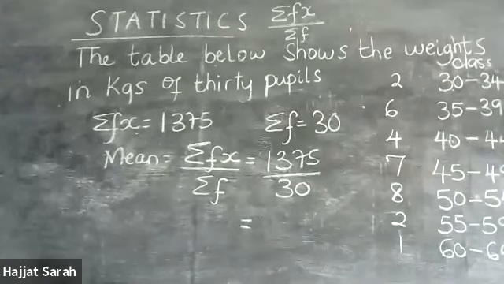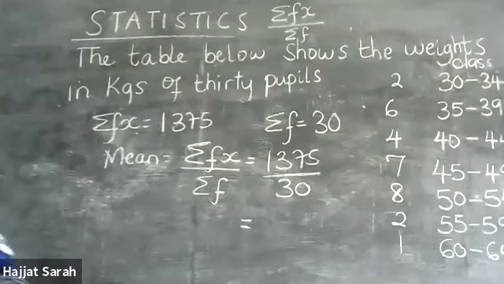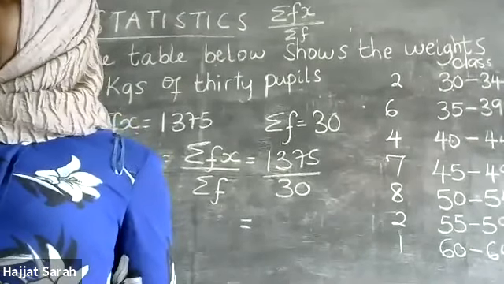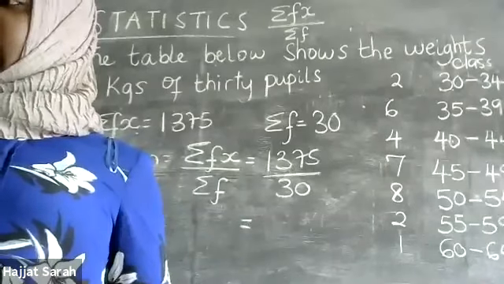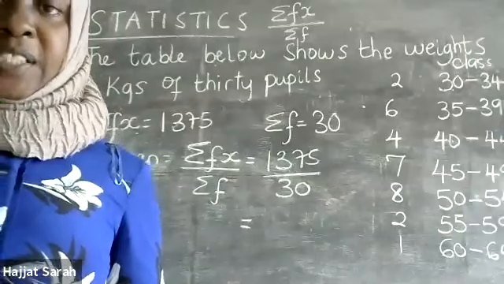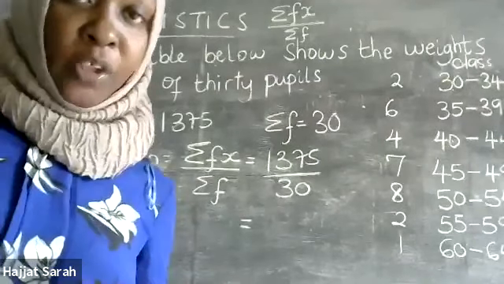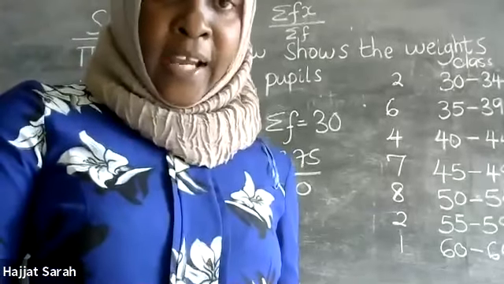Okay. Now the last one we are going to do, we are widening our class width. This time, the class has been given to you and they give you the frequency, which means in our table, we don't need a tally. Yes, Annette?